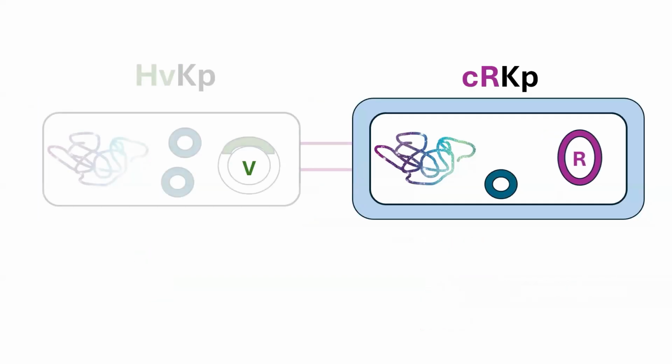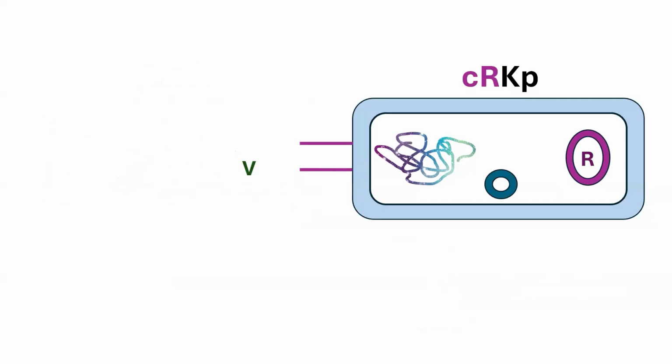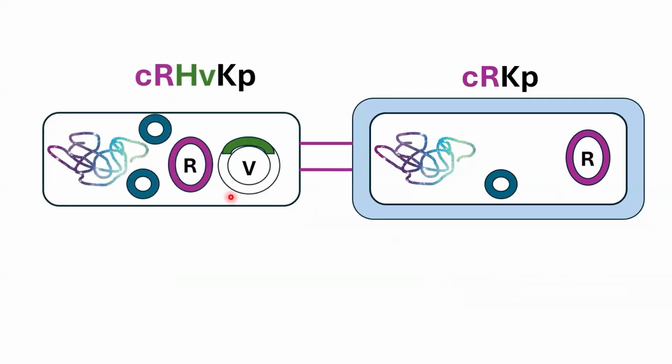Then one fine day, some insertion sequences transcriptionally mutagenized the capsular locus, and these isolates became without a capsule, and because of which the resistant plasmid, because it was a conjugable plasmid, came to the hypervirulent Klebsiella pneumoniae. So now the hypervirulent one became a carbapenem resistant HVKP, so it is CRHVKP.